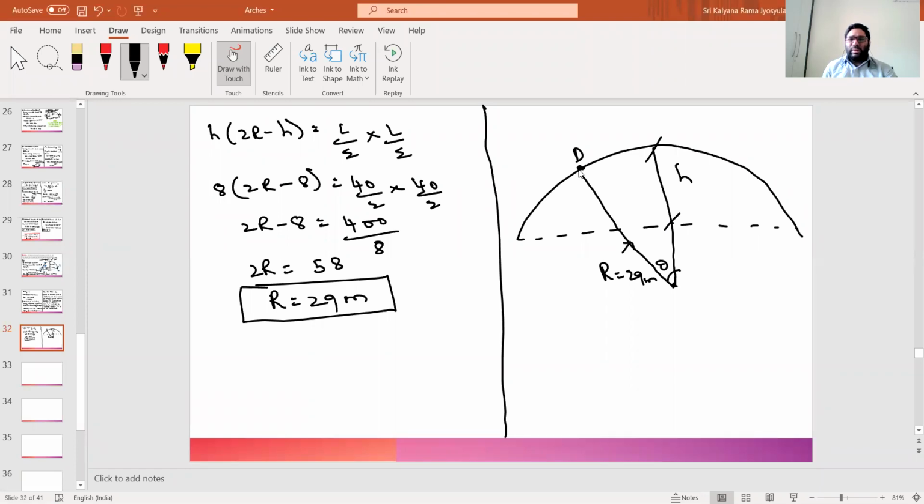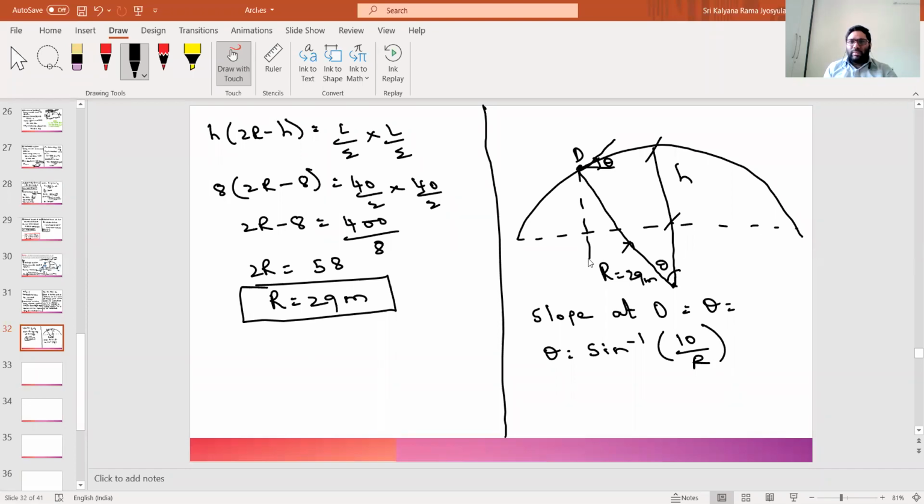And here we can calculate the slope when we sketch the tangent here. This is theta. So slope at D is equal to theta, which is equal to sine inverse 10 by R. The 10 is this portion, 10 meters.